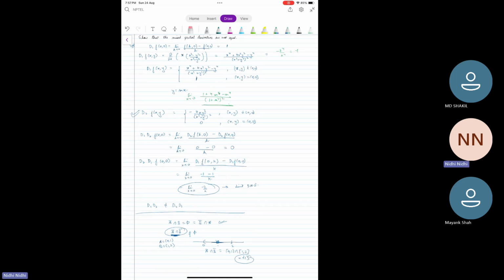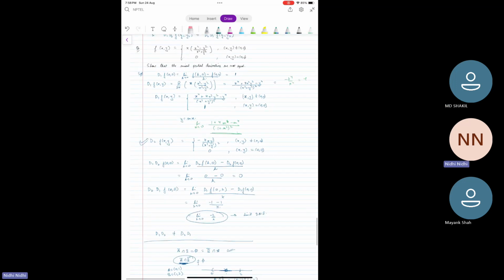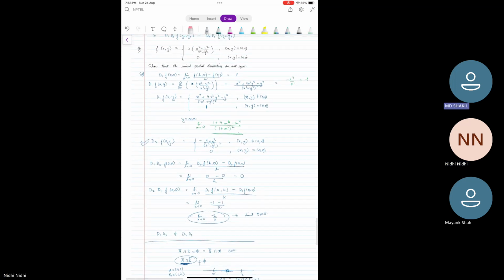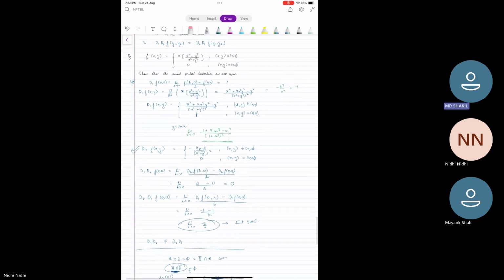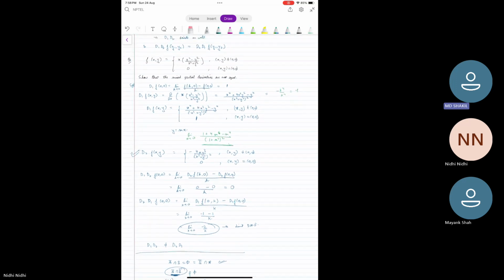Okay, if you have any doubt. Ma'am, in definition 11.7, the definition of tangent plane to a hypersurface, actually I didn't get it, in the method of Lagrange multiplier. Definition 11.7, definition of tangent plane to a hypersurface.